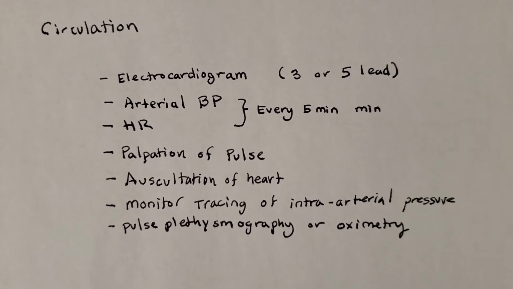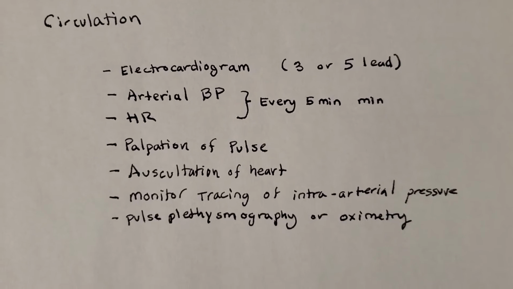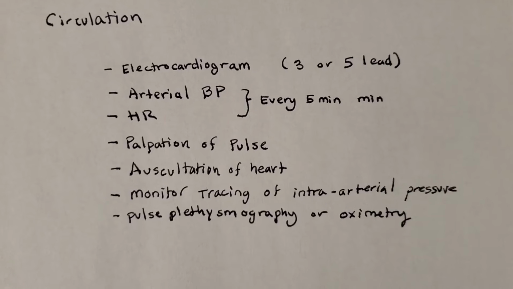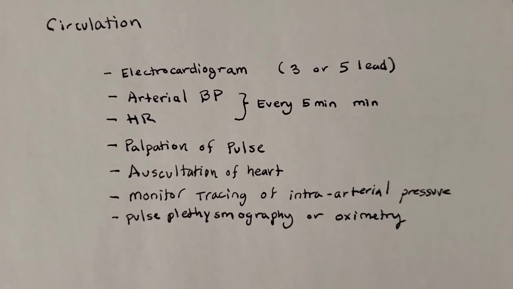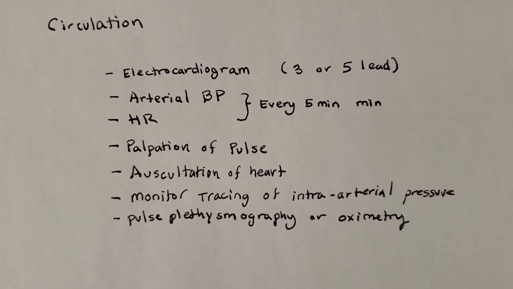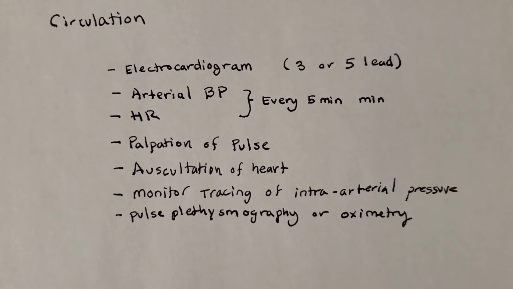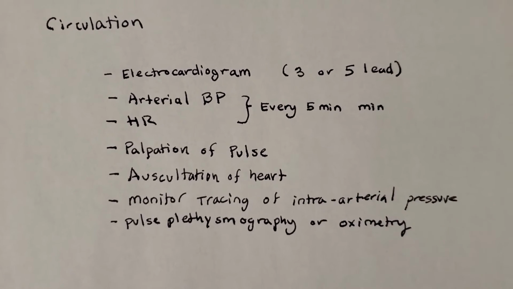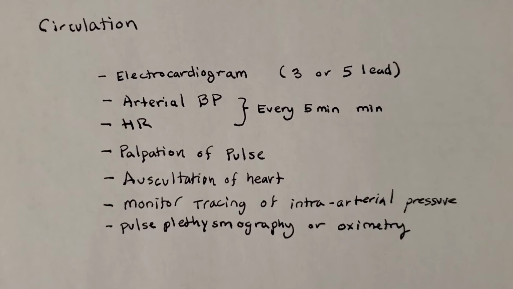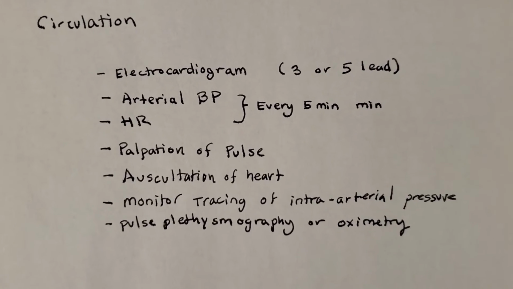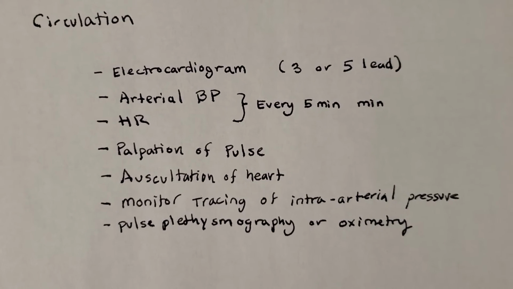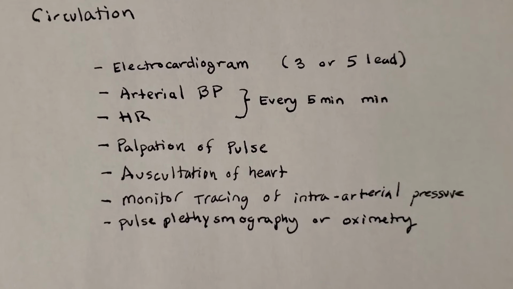And then they want you to have some way of measuring a tracing of the intra-arterial pressure. So usually your pulse ox will show you the pressure differences, and the main reason for that is that electrical current, for example from the bovie, may interfere with your EKG.